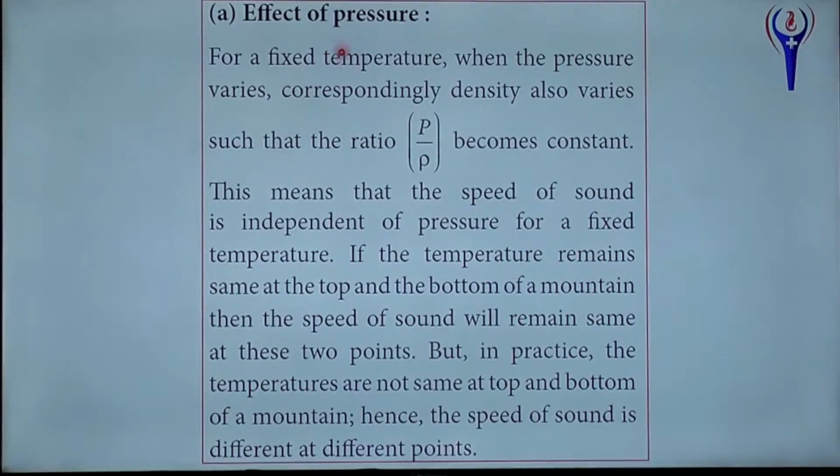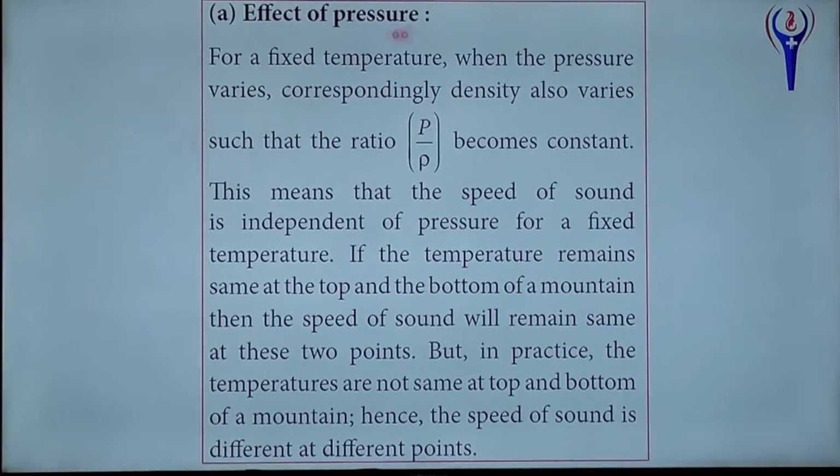Now, pressure. When pressure increases, density also increases, then P by rho remains constant. Therefore, speed of sound will not change. But in practice, temperature is not the same at the top and bottom of a mountain, so there will be variation. But generally, on the earth surface, there is no effect of pressure.